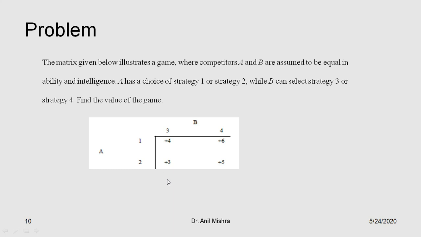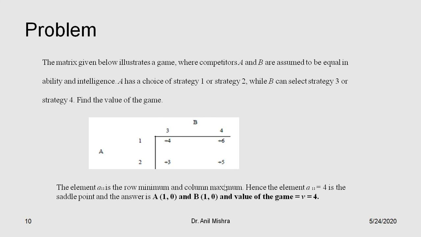Player A follows the first strategy and player B also follows the first strategy. In terms of equations, A will be 1 0 and B will also be 1 0, because both players follow the first strategy and the value of the game is 4. That means player A wins by 4 units, which reflects that player B loses by 4 units.